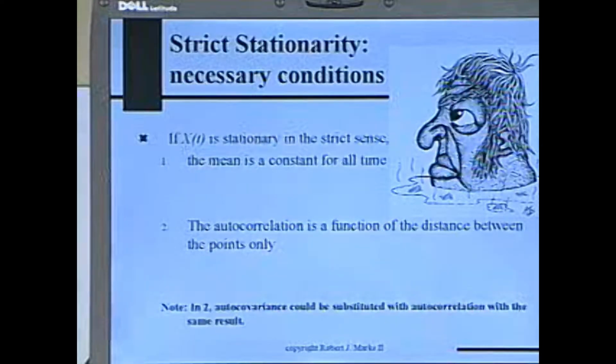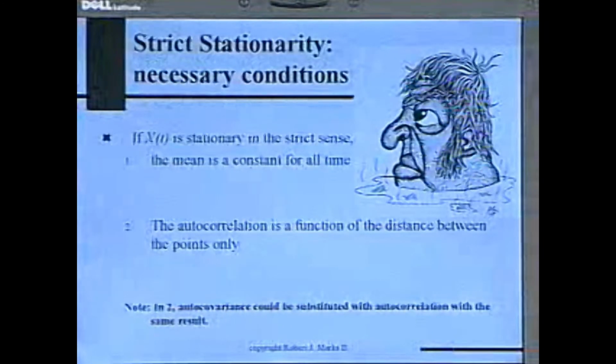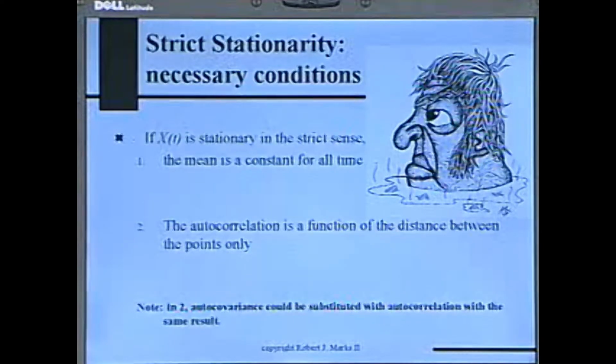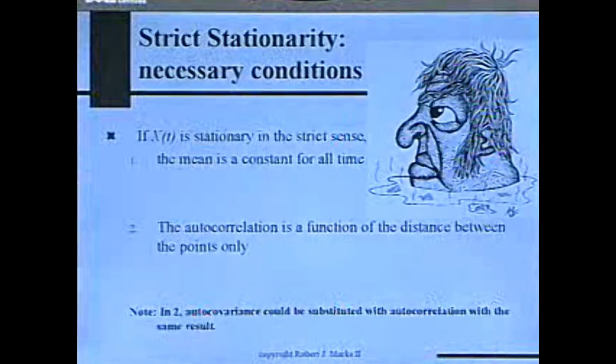Let's look at some of the required criteria for being stationary in the strict sense. We're going to look at necessary conditions. One of them: if x of t is stationary in the strict sense, the mean must be constant for all time. Certainly, if you have a stochastic process whose character does not change with respect to time, then its expected value needs to be a constant for all values of time.